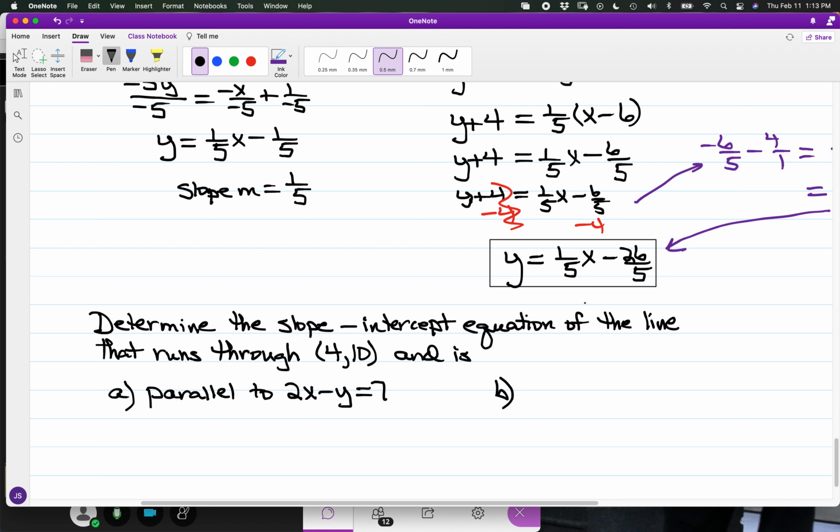And in part B, the line is going to be perpendicular to the line represented by the equation 2x minus y is equal to 7.